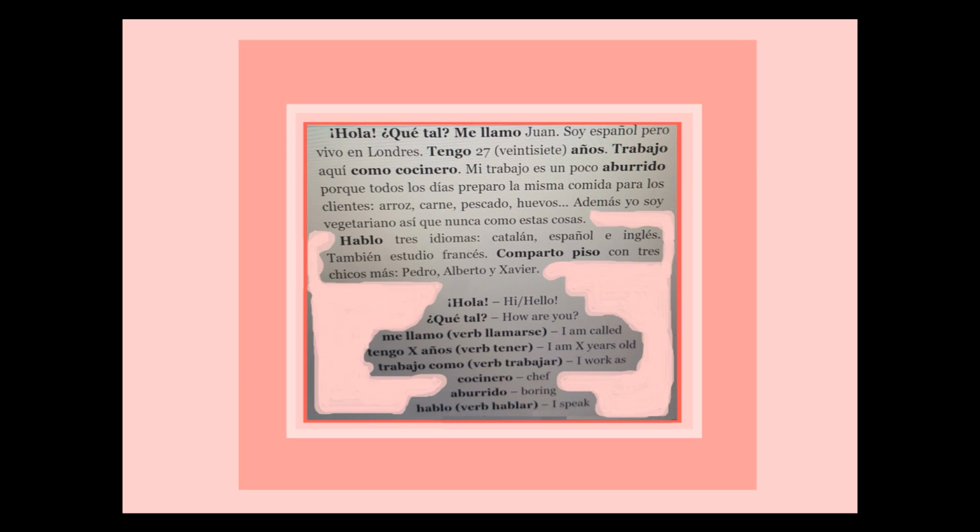Tengo 27 años. In Spanish we say I have 27 years. This is how we say it in Spanish. In English we say I am. So when I teach English to Spanish speakers, I always have to correct this kind of mistake because they carry it over from their native language, Spanish, and always say tengo.